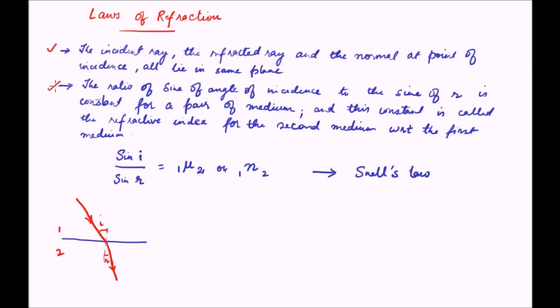We have seen what the refractive index is. The refractive index of the second medium with respect to the first medium is defined as the sine of angle of incidence upon the sine of angle of refraction. Now let us see the relation between speed of light in different media and refractive index.